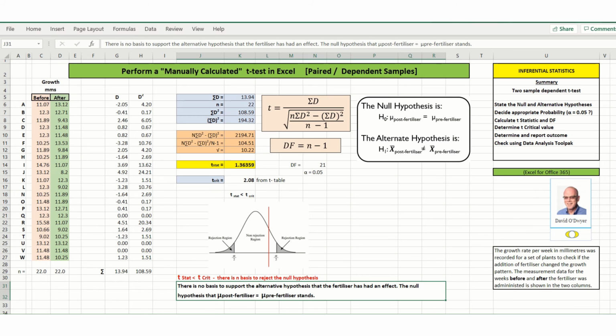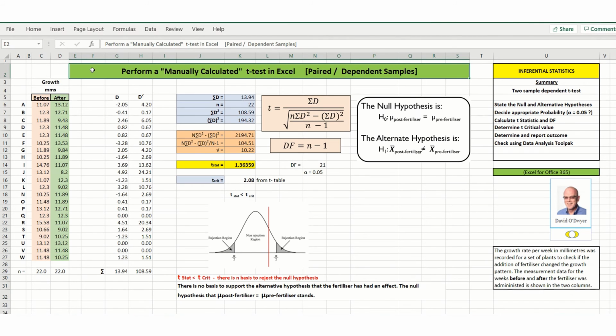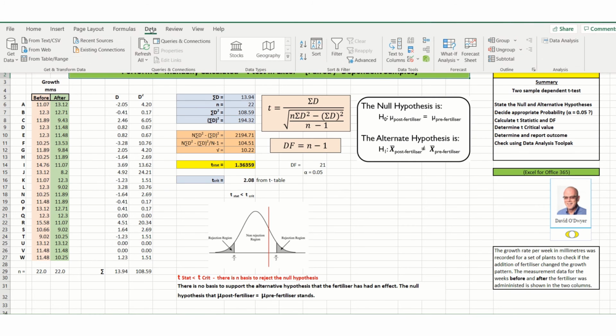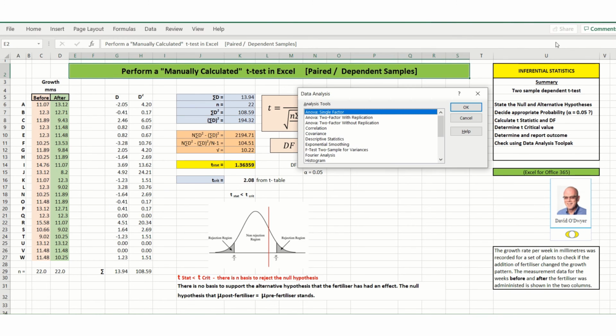We can then, if we want to, go on and check our results using the Excel data analysis toolpack. So to perform the t-test using the data analysis toolpack, we locate up here and we click on data and then data analysis, and we choose the t-test, which is down here, and it's a two-sample for means.